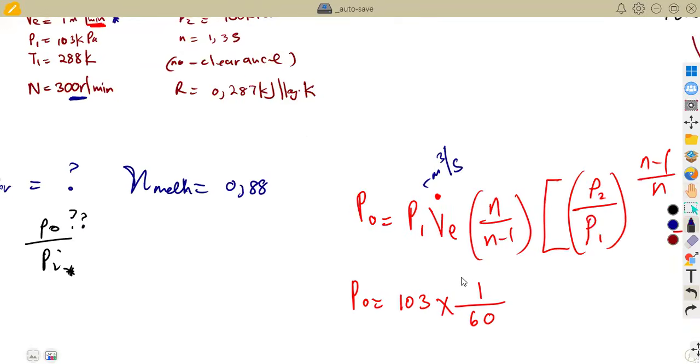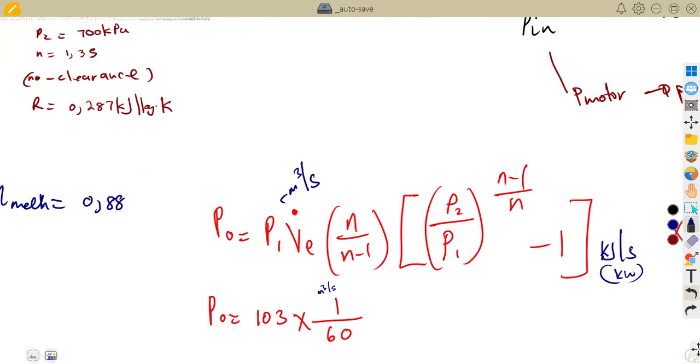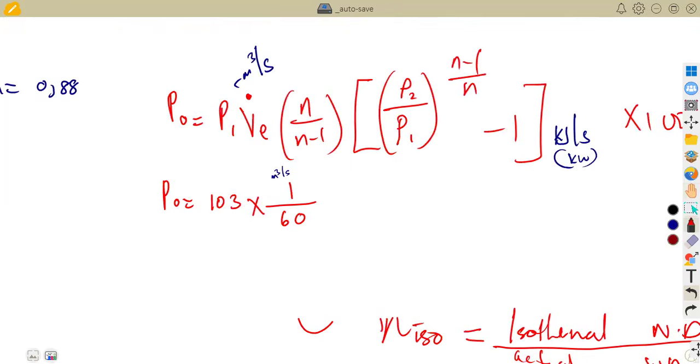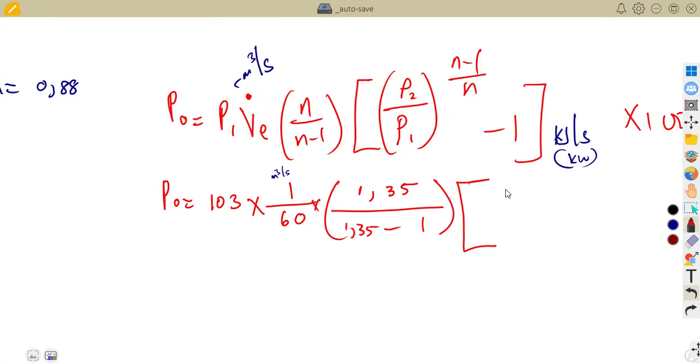That's our volume, now in cubic meters per second. Then N is 1.35. Remember from our formula, we're given this as 1.35. So that means this will be N, 1.35 over 1.35 minus 1. All right. So we're going to have this as 1.35 over 1.35 minus 1, like this, into P2 over P1. So you're going to have the power there. I mean, the pressure.